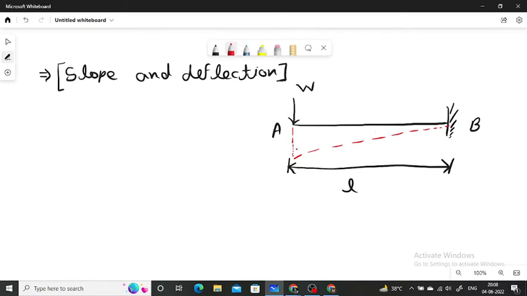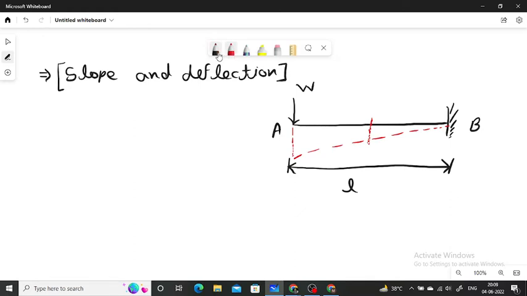Let deflection at any point, any section.